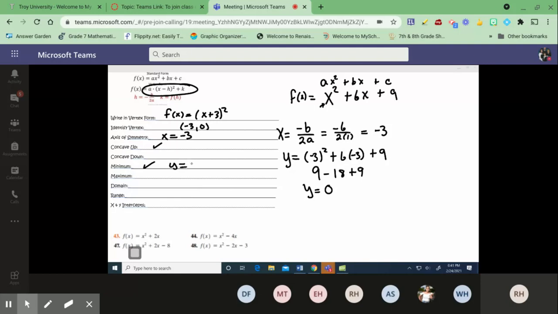Y equals 0. Domain is still all real. Range 0 to infinity. Y-intercept is 0, 9. And what can I factor?